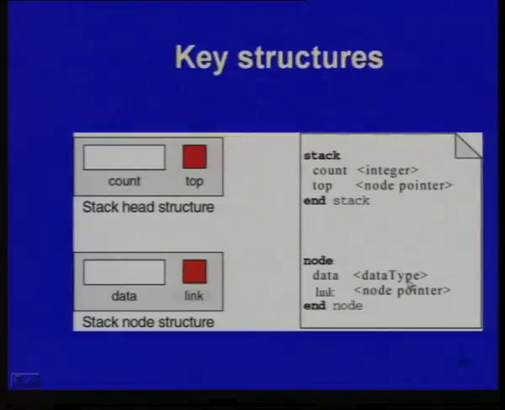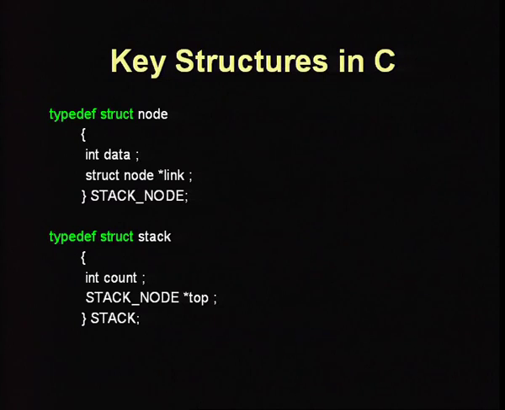Again, this data type can be a single data type, or you can have a large record or whatever. So the key structures that you use in C are a node with integer data and a struct node pointer, and the stack, which is represented by a count and the stack node pointing to the top.